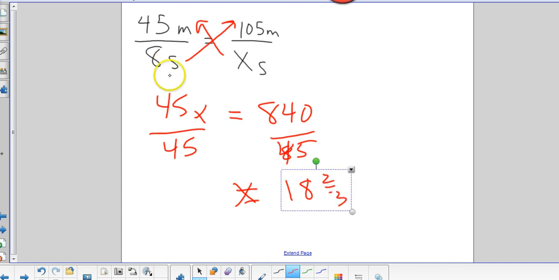Now, if I knew that 45 went into 105 2 1/3 times, 8 times 2 1/3 is 64 over 3.